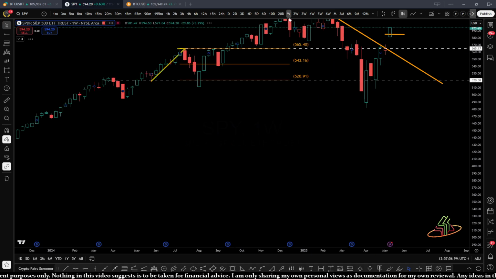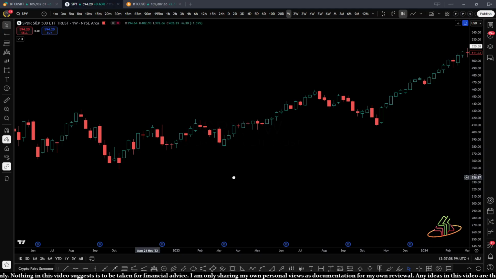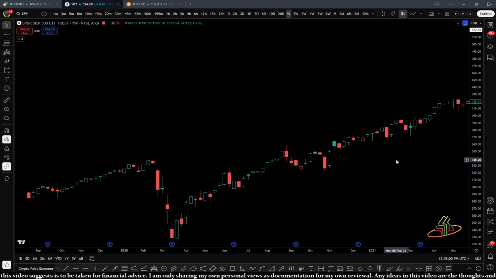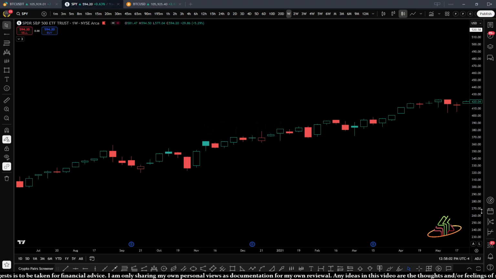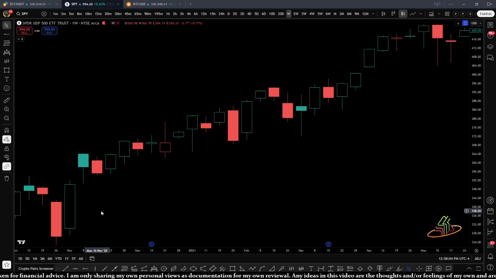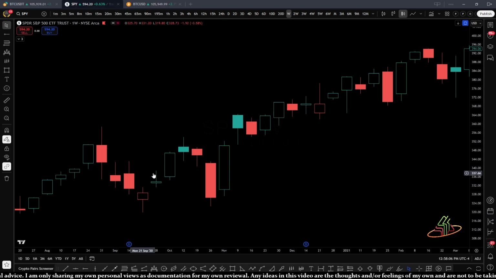Let's go to the weekly. Boom. So this would be the best section to do it at, right? So we have the red hollow candle. We got the green hollow candle. We got the green solid candle. We got the red solid candle.